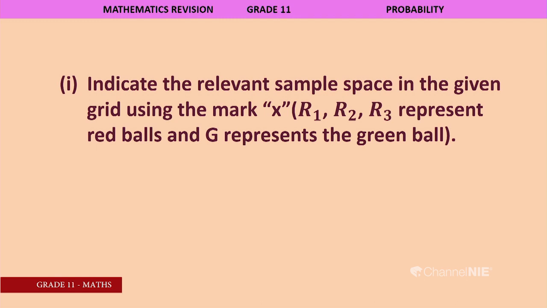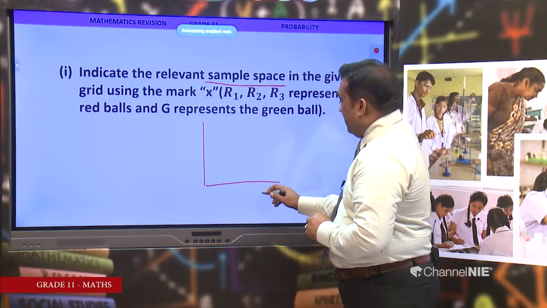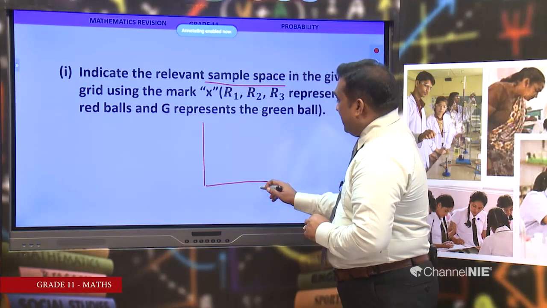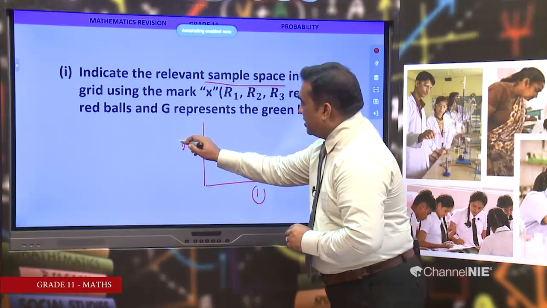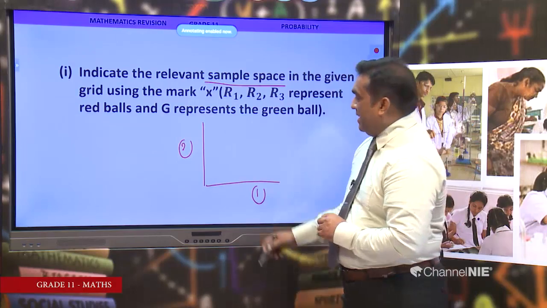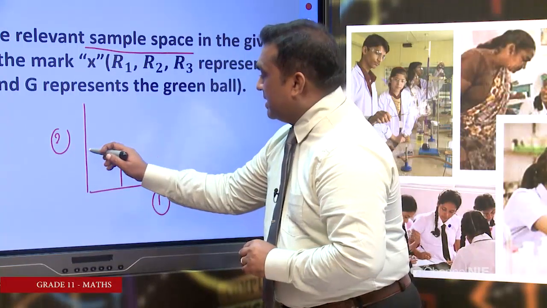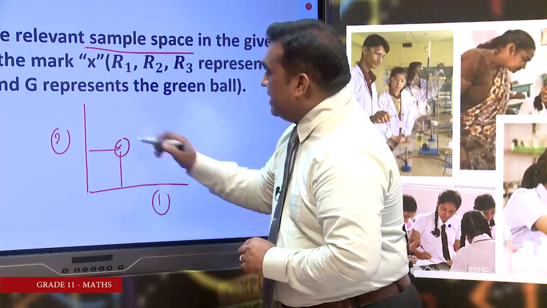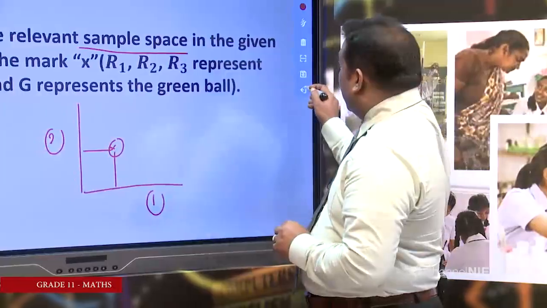There are two perpendicular axes like this: first stage, second stage. You can represent an event like this. This is the event. We'll see how to do it.